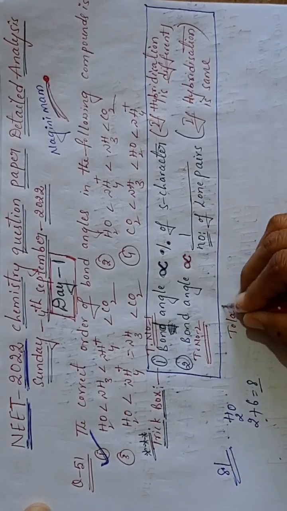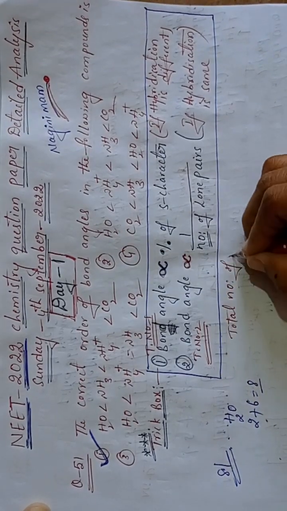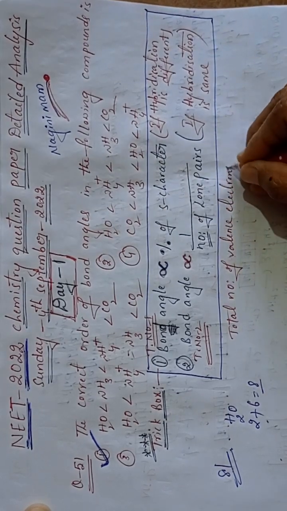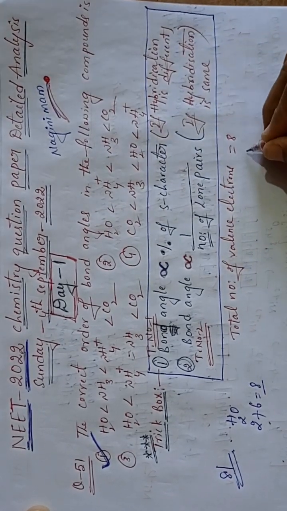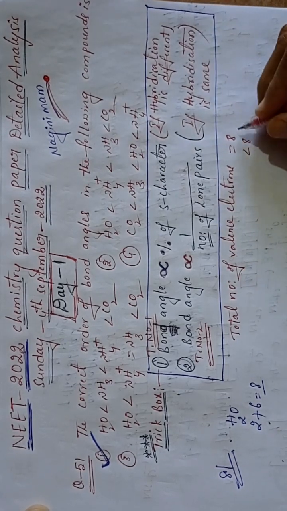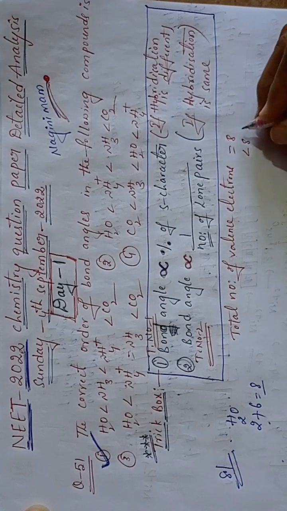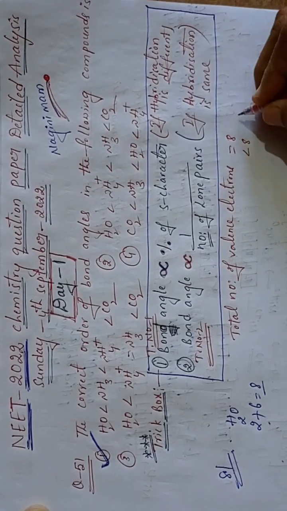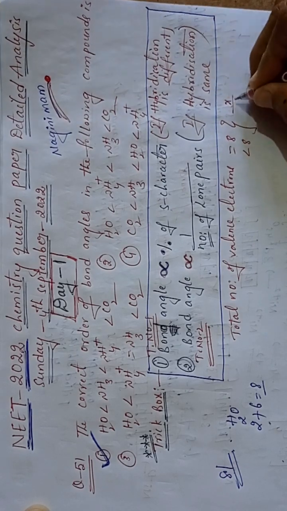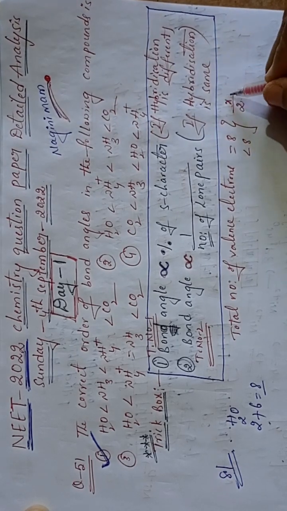you should divide the total number of valence electrons by 2. So suppose x by 2, where x is the number of valence electrons.